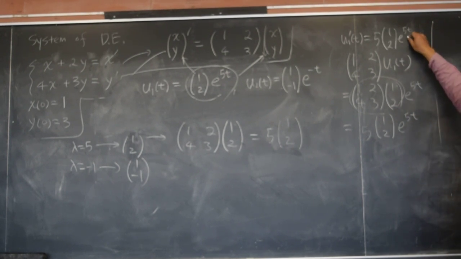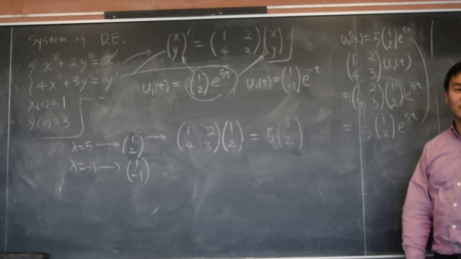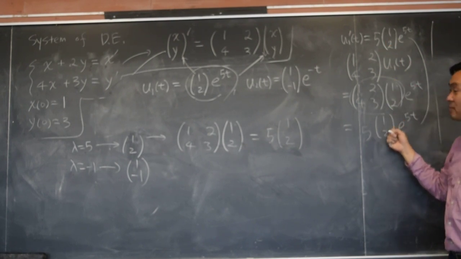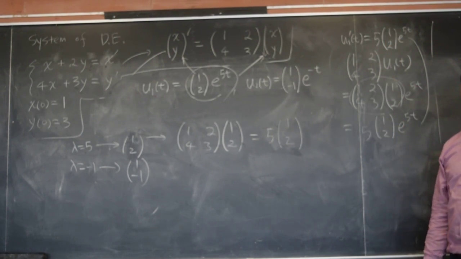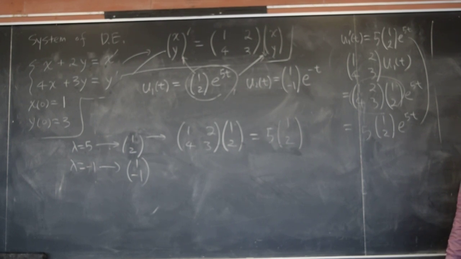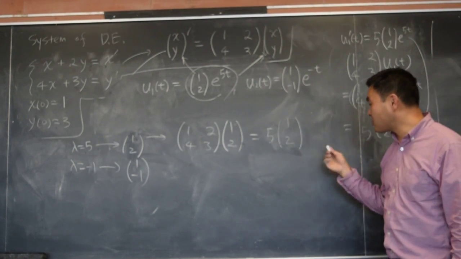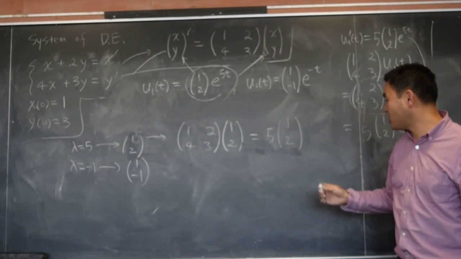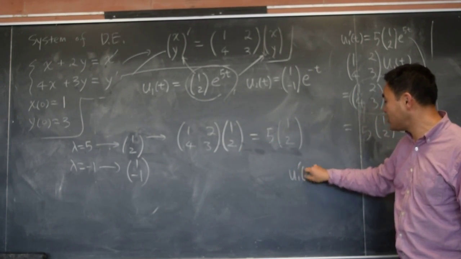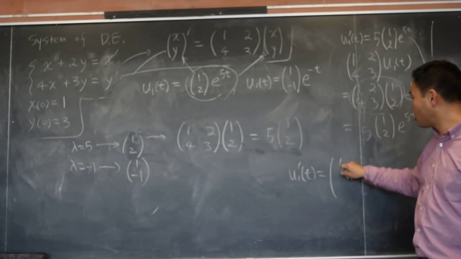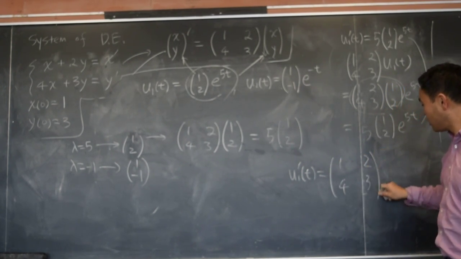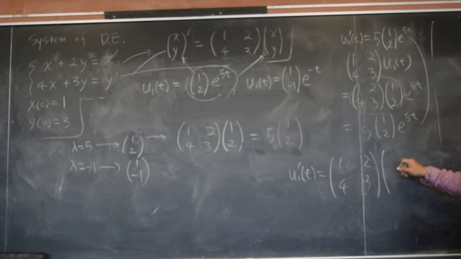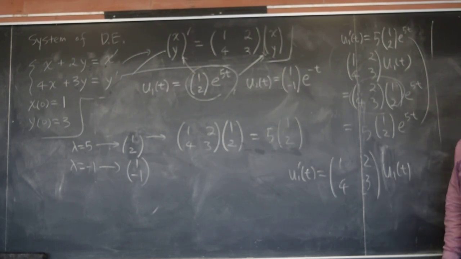So what do you see? This and this, aren't they the same? They're the same, right? Okay, therefore you have the following identity. Because of this relation, we know that u1 prime of t is the same as the matrix times u1(t). That's what I just showed.